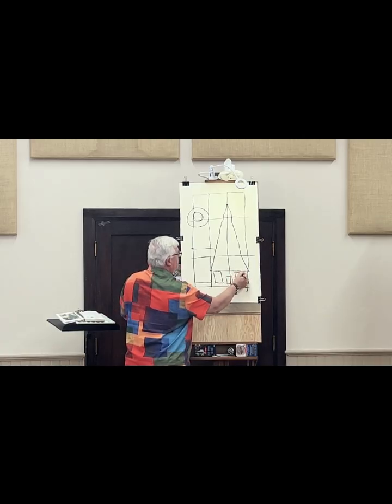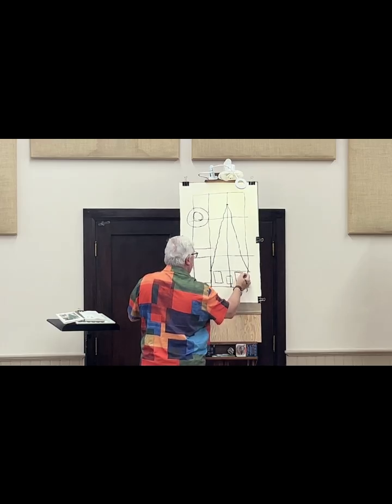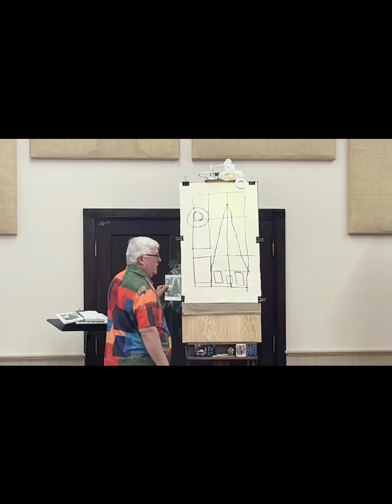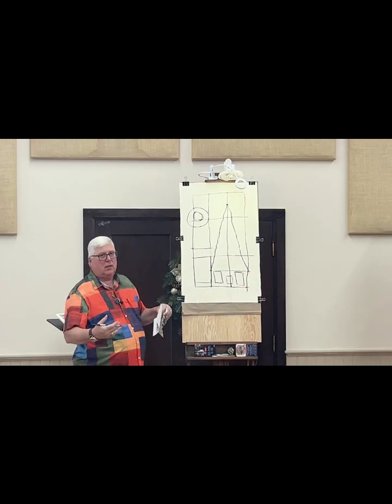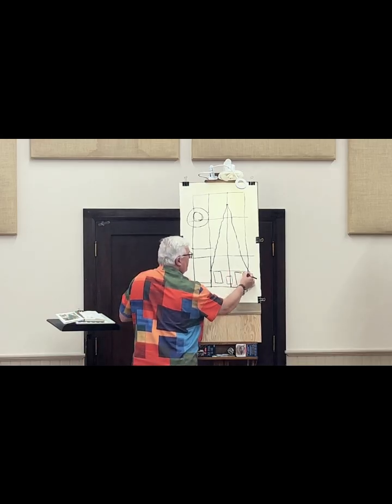And you can kind of see a little bit of the top of it. So I'm going to do that, just put a rectangle in. If I want it to look a little 3D, I'm going to angle this down a little bit and this up a little bit and join those together.